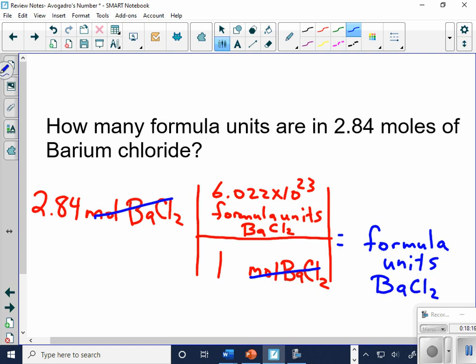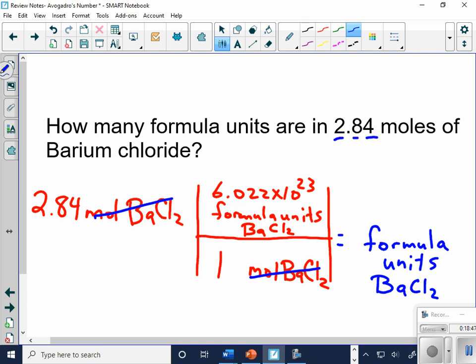Now, when I'm doing my math in my calculator, I am taking 2.84 and multiplying that by Avogadro's number, and I come up with the value with 1, 2, 3 sig figs.